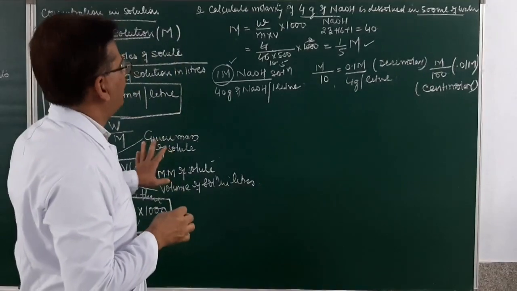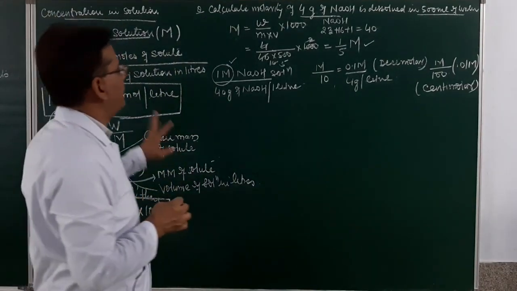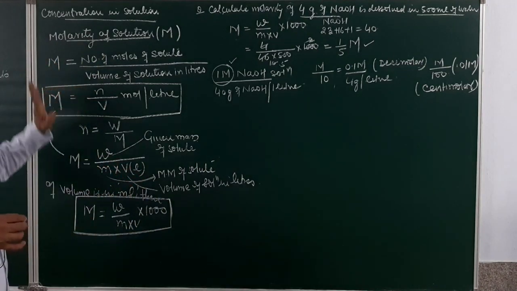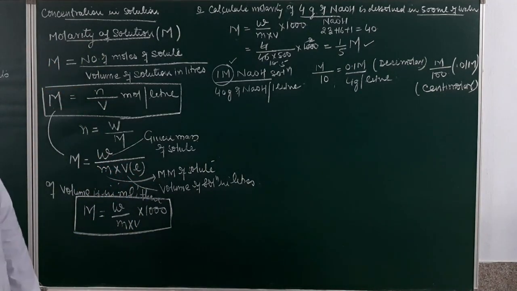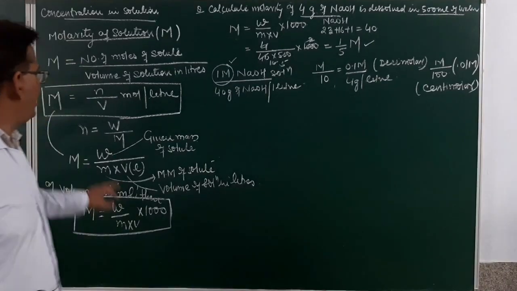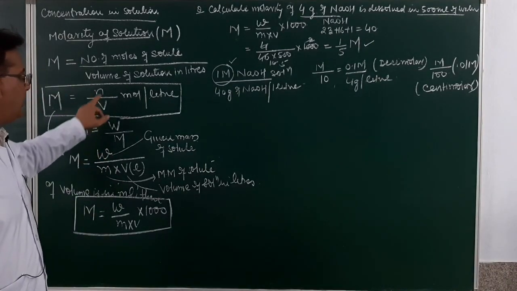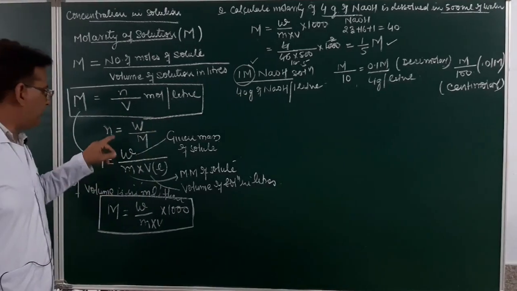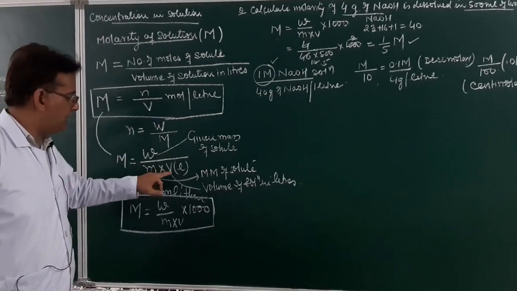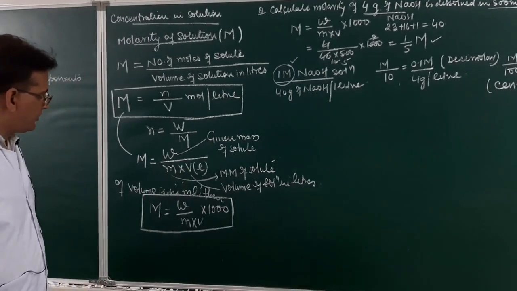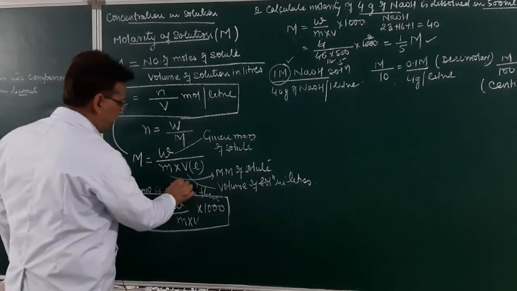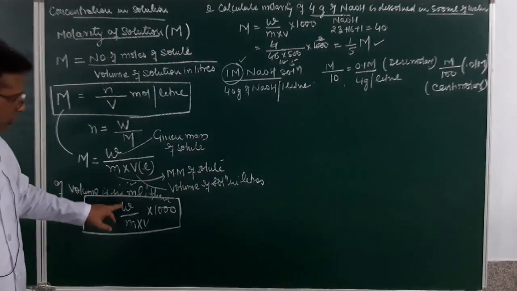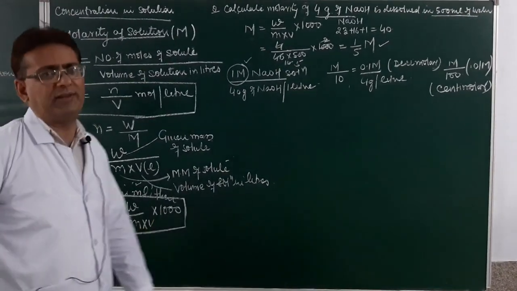So one way of expressing the concentration of the solution is molarity. What is molarity? It is the number of moles of solute to the volume of the solution in liters. Molarity will be given as N upon V, mole per liter. Formula will be W upon M into V. Suppose if the volume is in milliliter, then what will be the molarity of the solution? It will be W upon M into V into 1000.